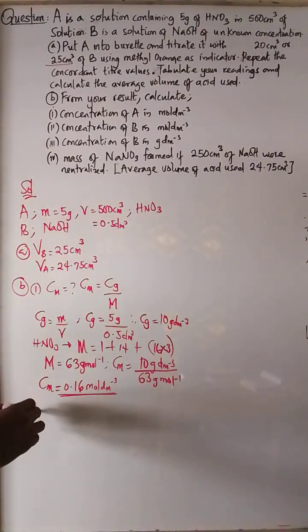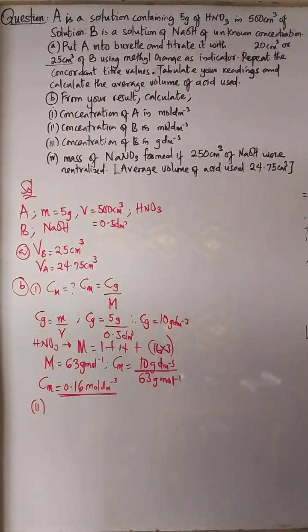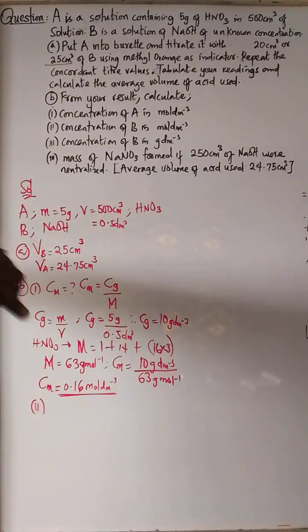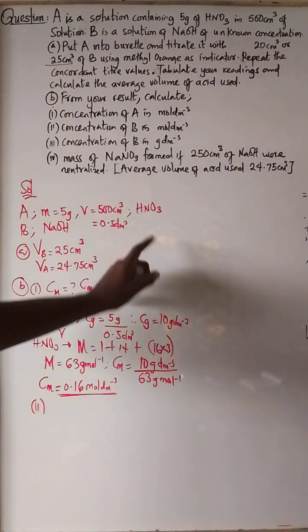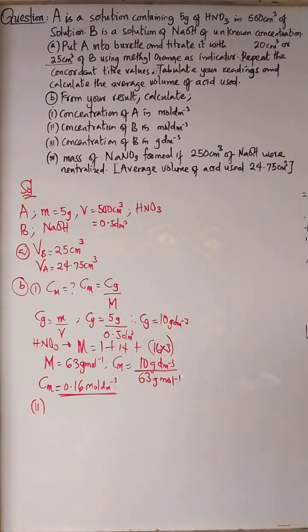Next, the concentration of B in mole per dm3. From the question, we are not given this information, so what are you going to do? We have to write the balanced equation of the reaction.